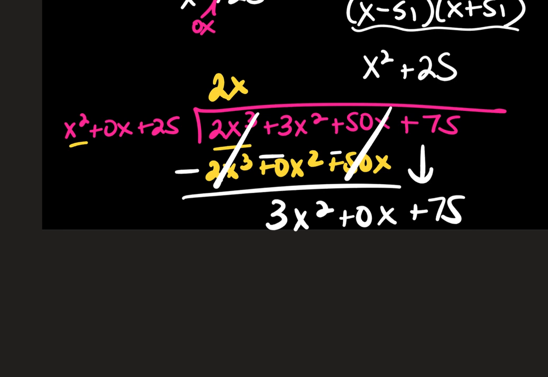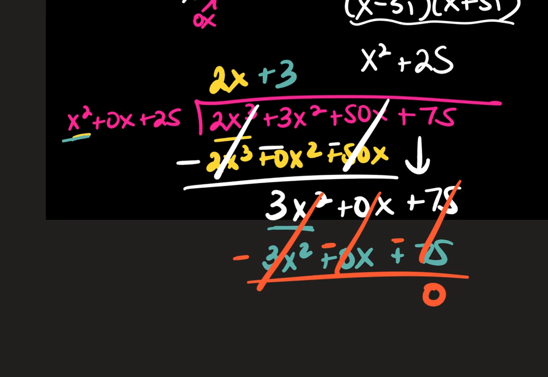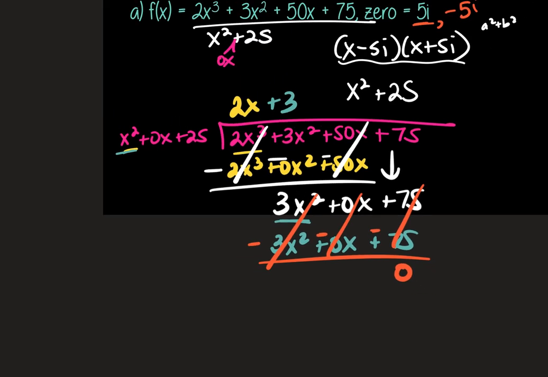Now, what do I have to multiply x squared by to get to 3x squared? Positive 3. Multiply it times all three. 3x squared plus 0x plus 75. Change your signs. Cancels, cancels, cancels as it should because x squared plus 25 we said was a factor.